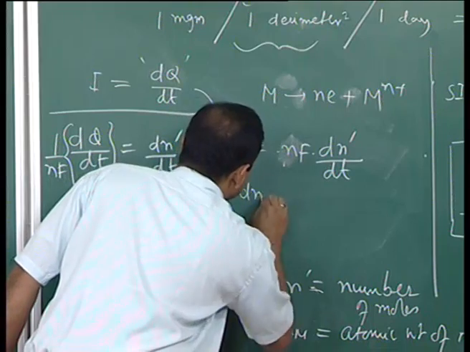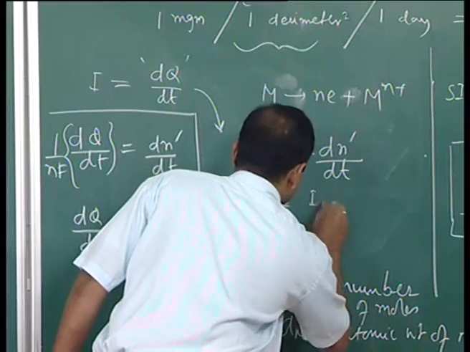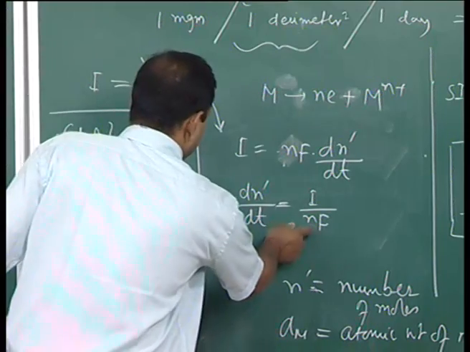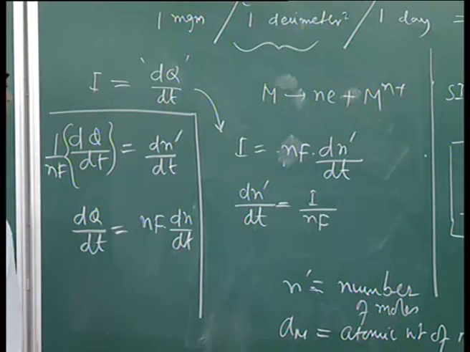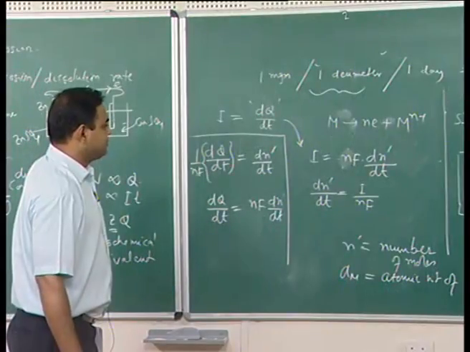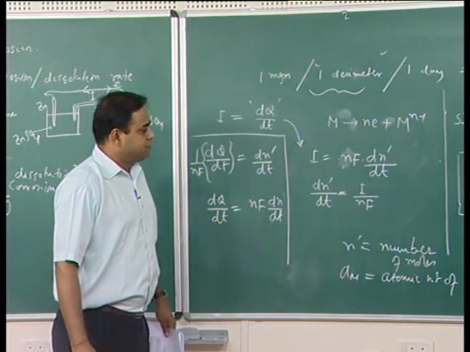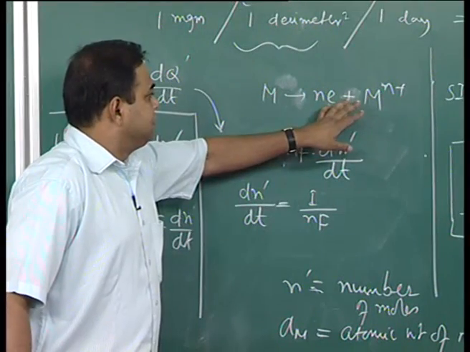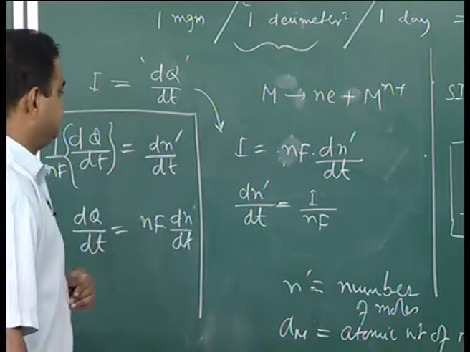So what is my dN dash by dt? It would be equal to I divided by Nf. So, dN dash by dt, which is the rate at which the number of moles of metal is dissolving in the solution, would be equal to the current divided by N, the number of electrons involved in this oxidation process, and F is 1 Faraday.